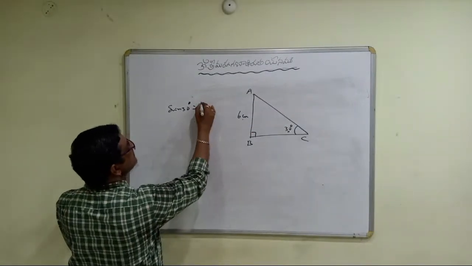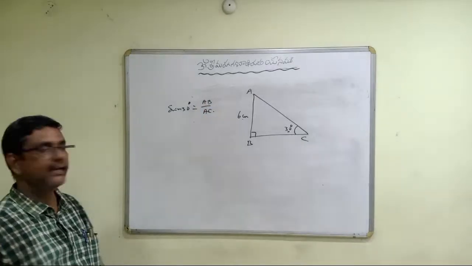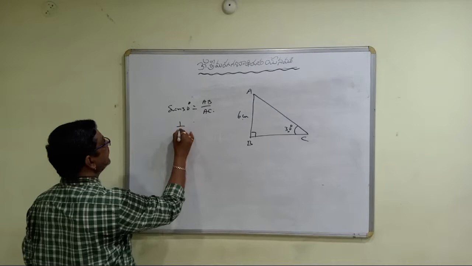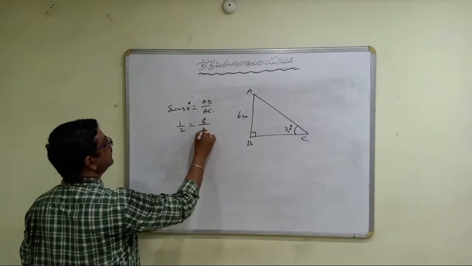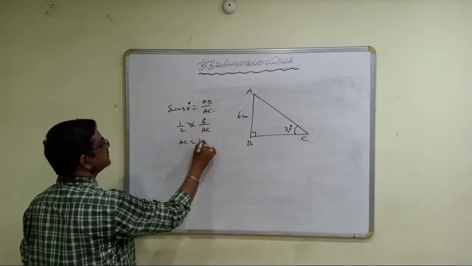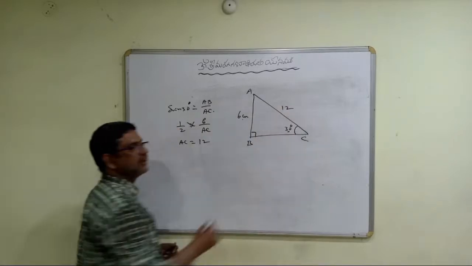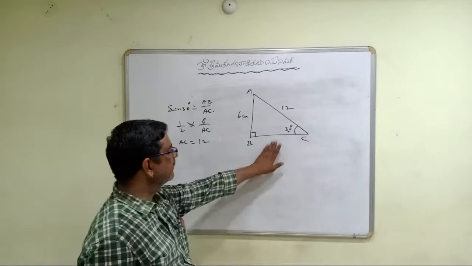Sin 30 is AB by AC, and we know sin 30 is 1 by 2. AB is 6, do cross multiply, AC is 12. Next we need to find out BC.